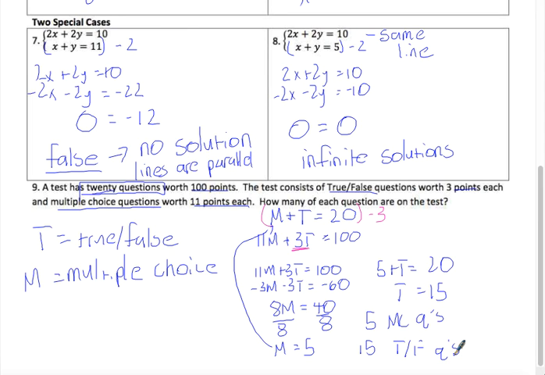Sounds like an easy test. So yeah, most of these systems word problems you'll be able to set up in a fairly straightforward manner because they're going to give you 2 variables and then two pieces of information that help you write 2 equations to solve for those variables.